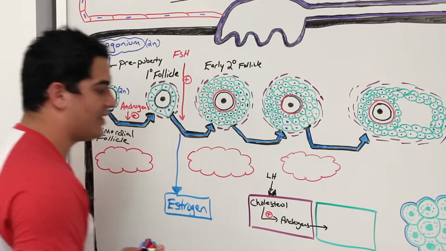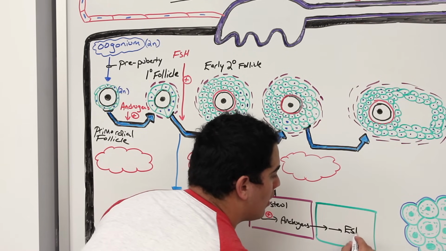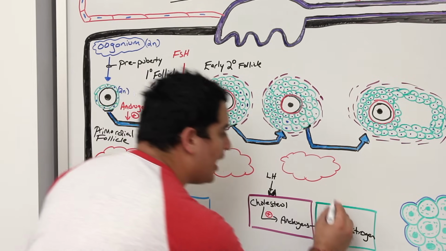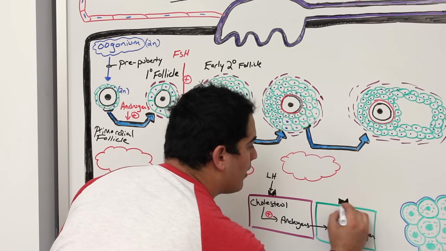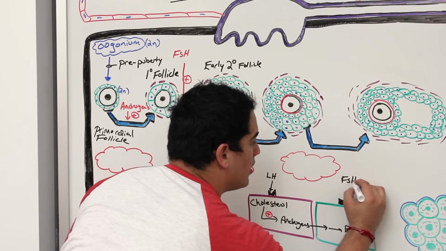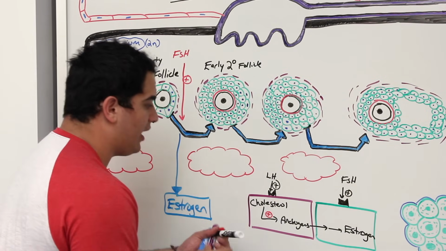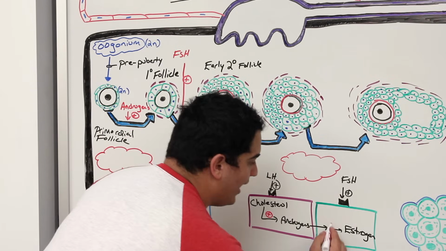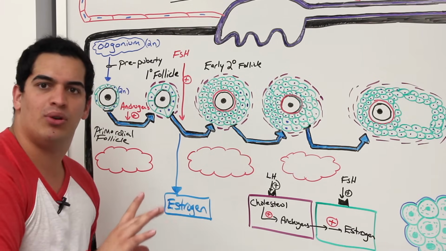They move right into this cell, and they eventually get converted into estrogen. But who's stimulating this mechanism? This is the job of FSH. So FSH is actually stimulating what? He's stimulating the conversion of these androgens that came from the thecal cells into the granulosa cells, and he converts it into estrogen. That's beautiful.